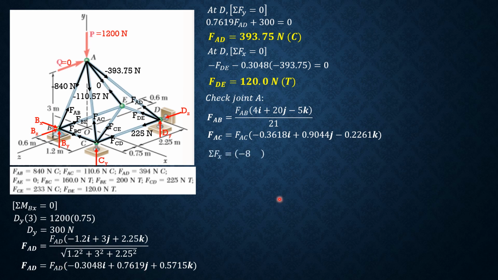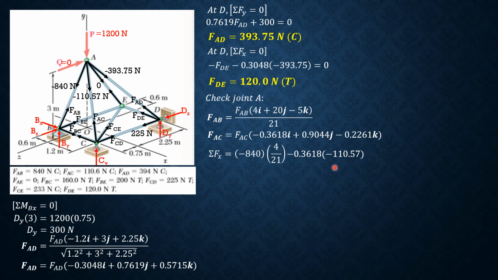So summation forces X is equal to negative 840 times 4 over 21. This is negative 840 times 4 over 21. Then FAC, negative 0.3618 of FAC, which is negative 110.57.